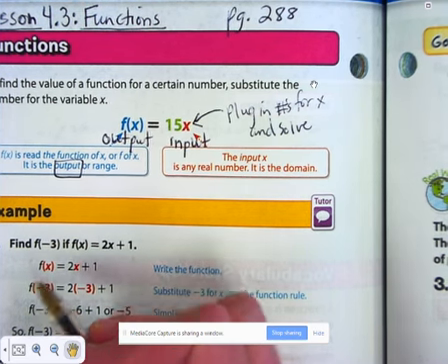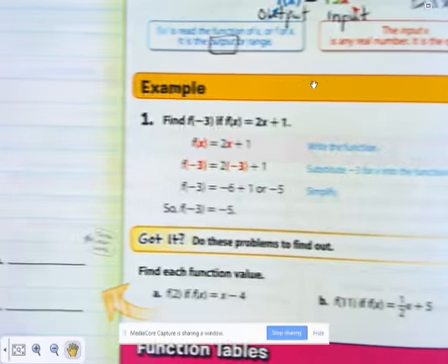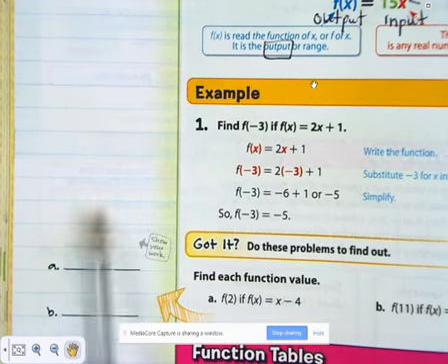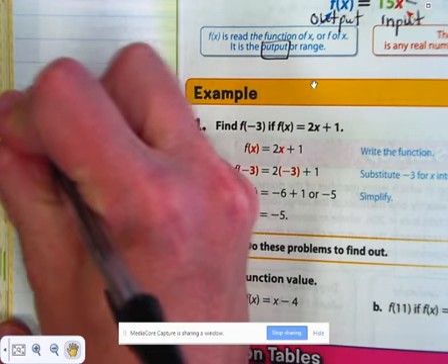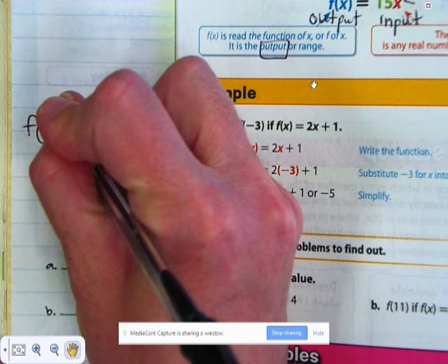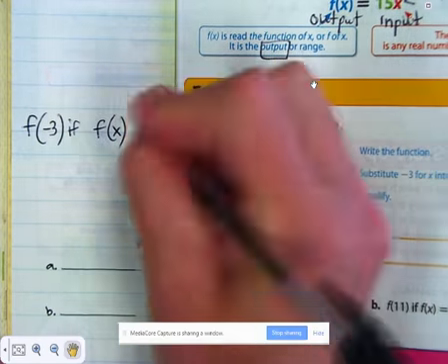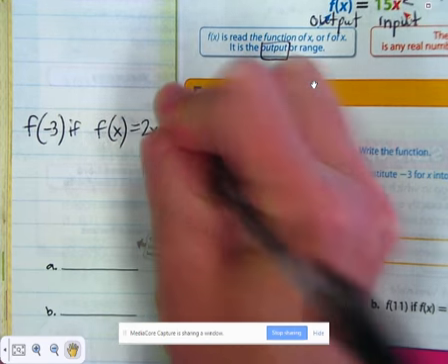Okay, so let's take a look at the first function, number 1. On this left-hand side, let's write this: the function of -3, if f of x equals 2x plus 1. So write that down.